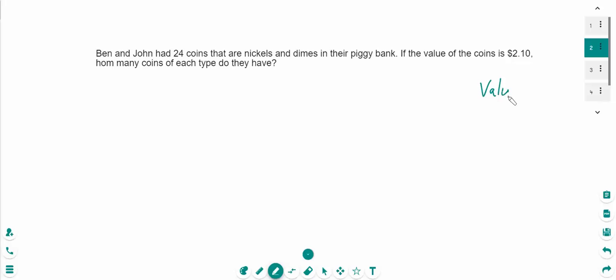It may not be the first one, it may be the second one, but one of them is going to entail the value. All right, so when we think value, we should think dollar and cent signs. We should be thinking of decimals and money. All right, value. How much were the coins worth? Maybe I'll put that. Value, worth. Okay, so there's going to be some equation that is going to be based upon the value or the worth of the money in the story problem.